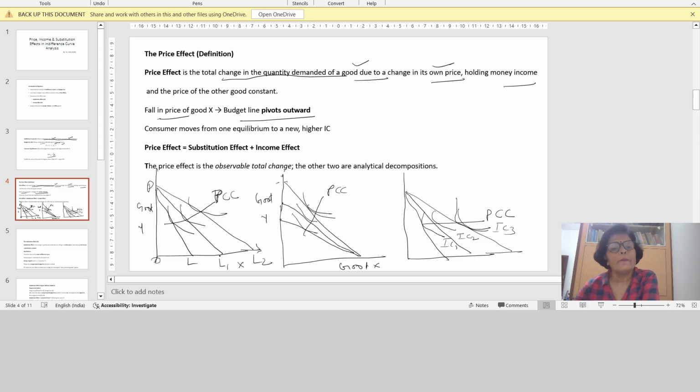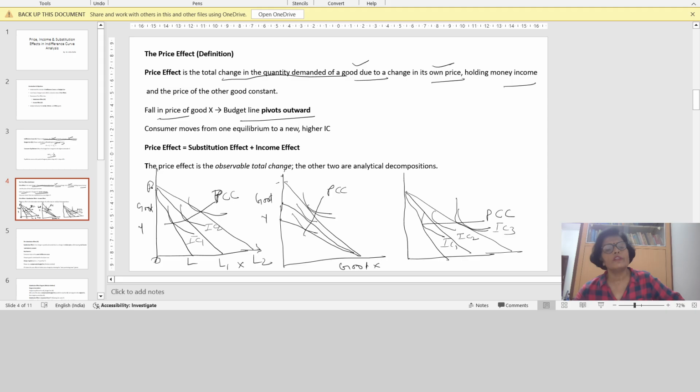Now the price of commodity X falls. As soon as it falls, the price line will move. The consumer can purchase more units of good X, so the price line will shift outward, and the new price line will be PL1.